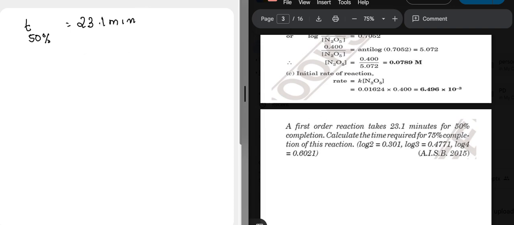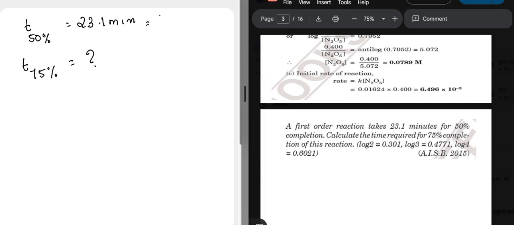What do you want to calculate? Calculate the time required for 75% completion. We have to find that out. So T 50% means 50% of the reaction is completed. 50% means half of the reaction is completed, right?